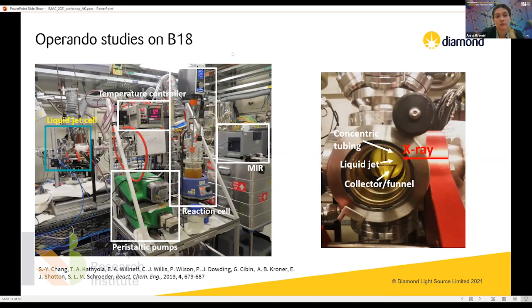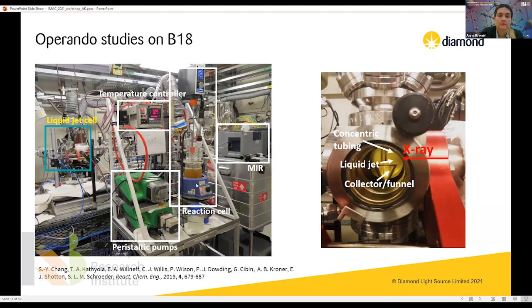And then there was quite a lot of big infrastructure coming with it, where all the chemistry was happening. We have the vessel where there is a reaction cell. We have the temperature control, but also the gas delivery into the reactor. And the peristaltic pump, which drives the flow of the liquid or the products into the liquid jet.